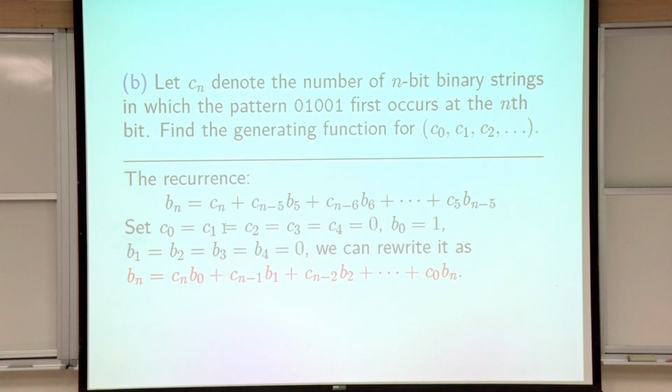So we get this recurrence relation. And for convenience, also to satisfy the recurrence relation, we set C0, C1, C2 to C4 equal to 0. So that we can rewrite it as Cn times B0 plus Cn minus 1 times B1 all the way up to C0 times Bn.